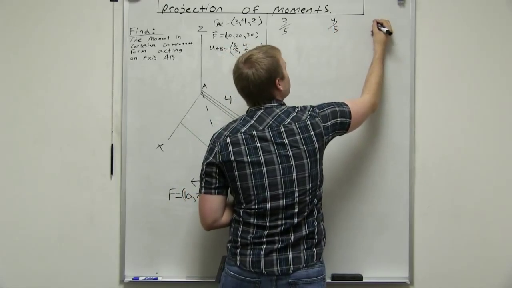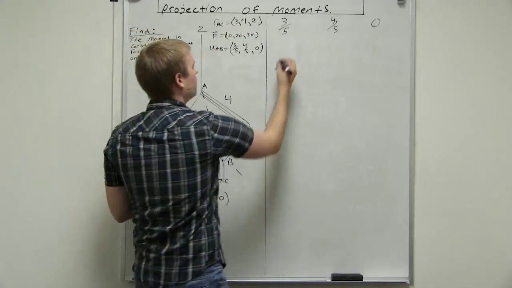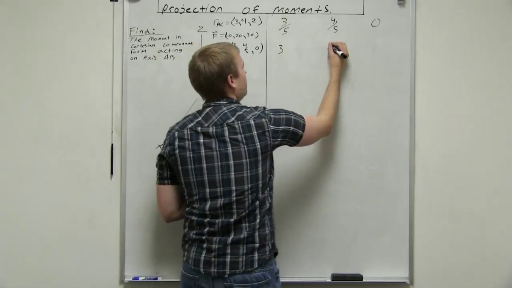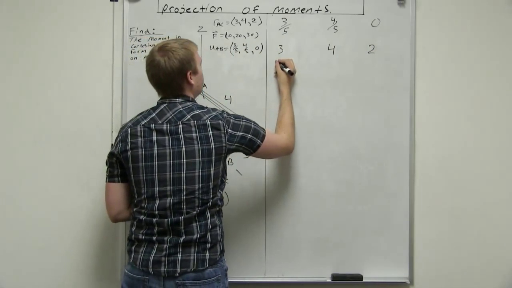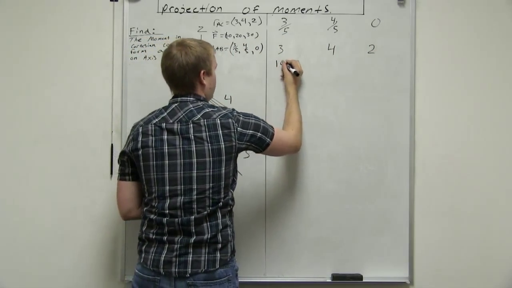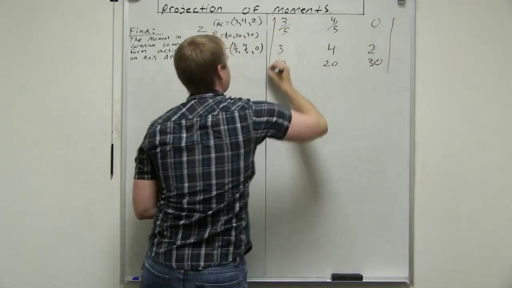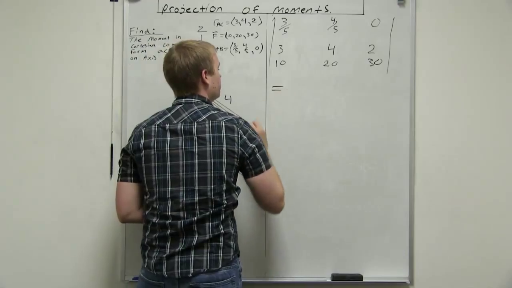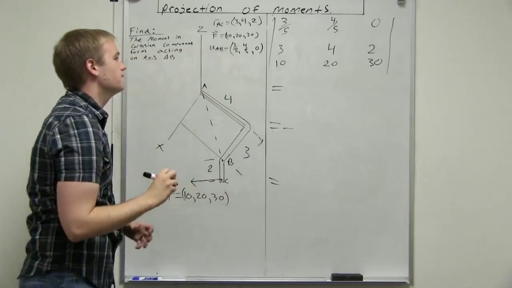And k becomes 0. And then underneath that, we do our position vector, 3, 4, 2. And then under that, we do our force vector, 10, 20, 30. Okay. And we have plus, minus, and plus.